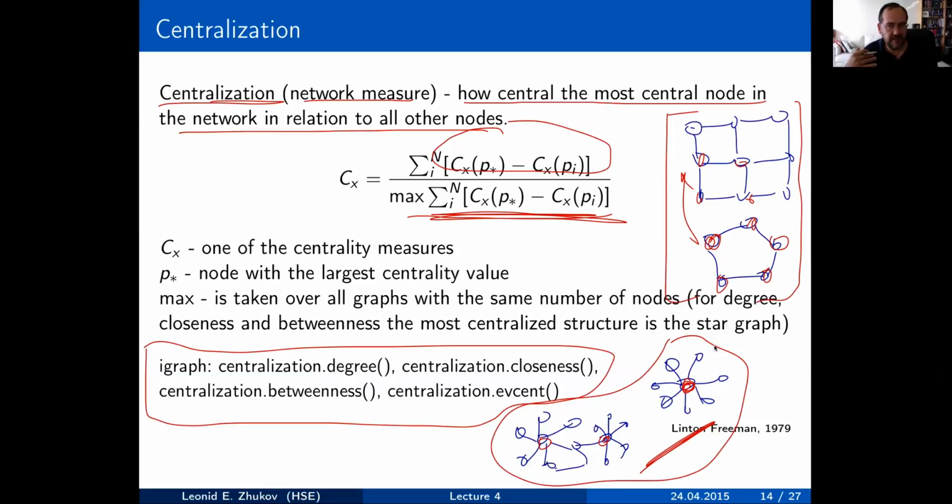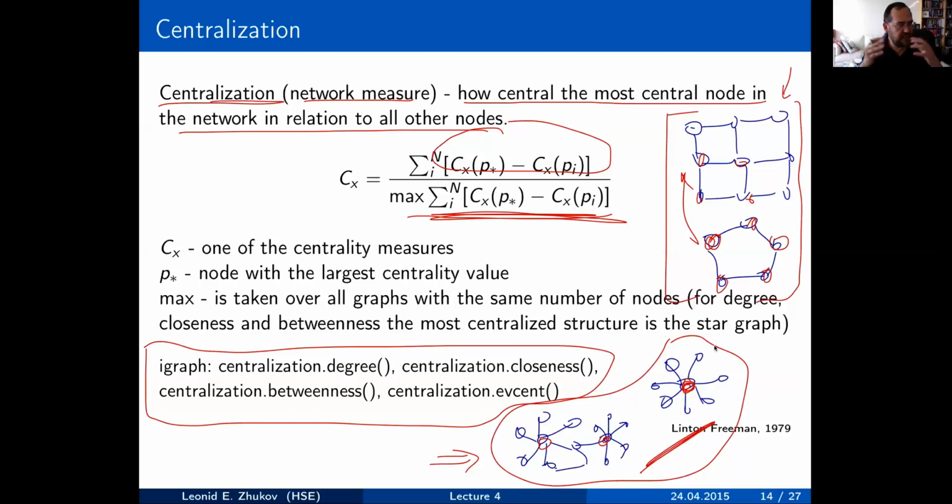And what you need to remember is that for this type of graph, the value for centralization will be pretty high. For this, it will be relatively low. And so it's a metric that tells you how different the nodes' centrality measures are for the nodes in the graph. All right. So again, just in general, centrality is per node.